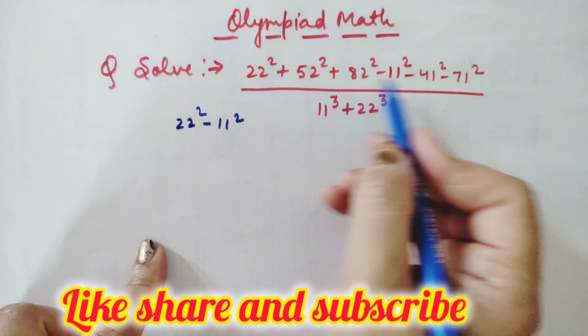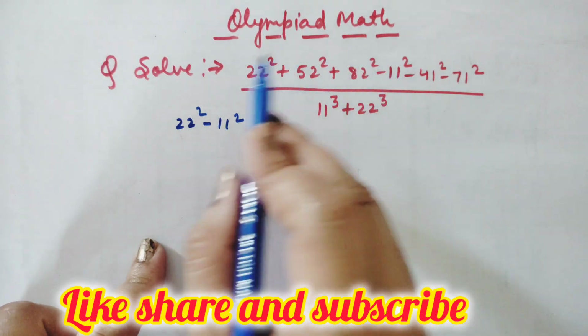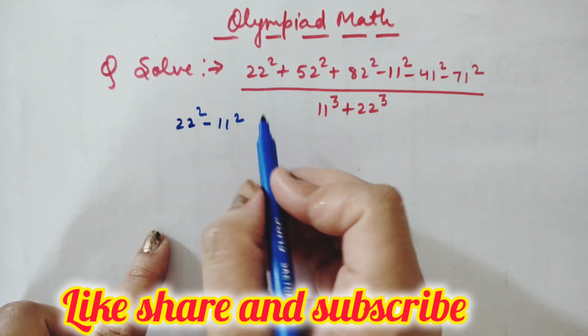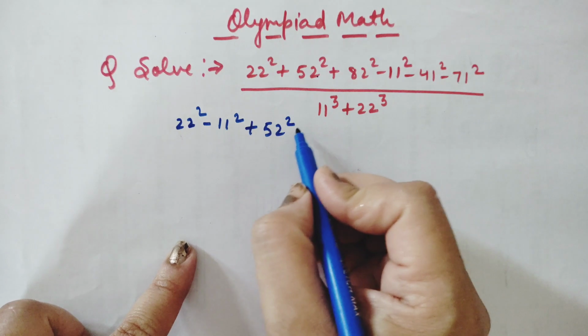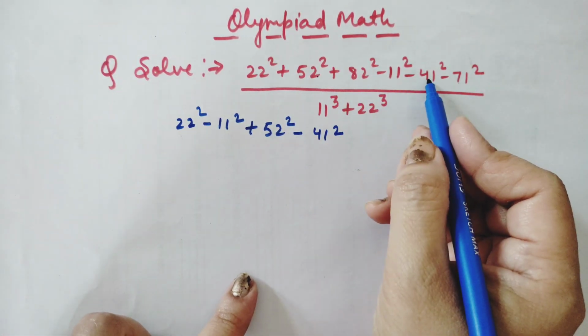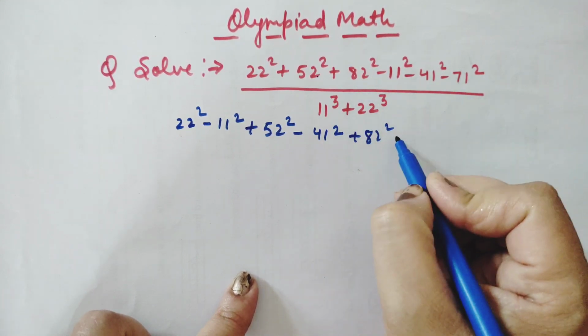Just change the position of the terms. This 11 square we will write next to 22 square, 52 square is as it is, and after that we will write 41 square, and 82 square is as it is, and then after that minus 71 square.